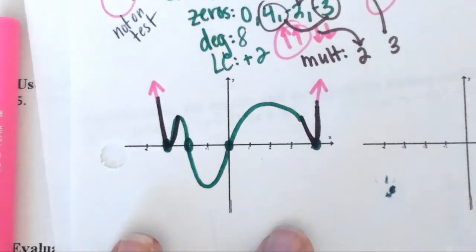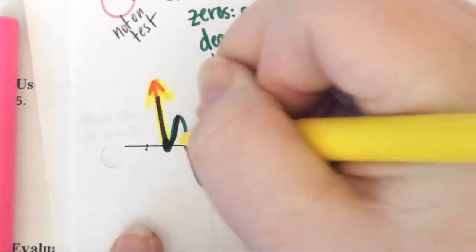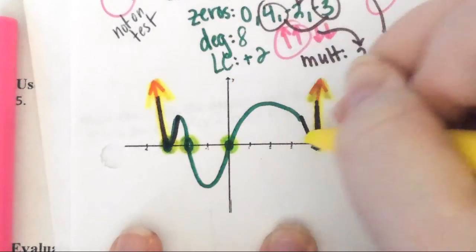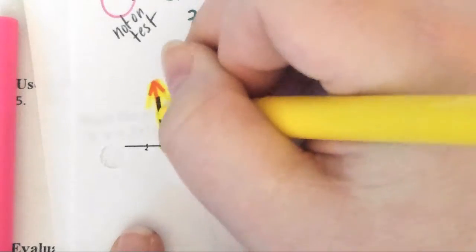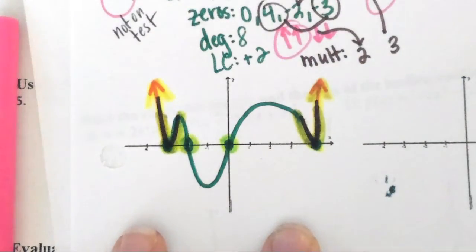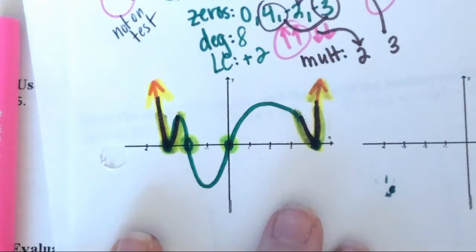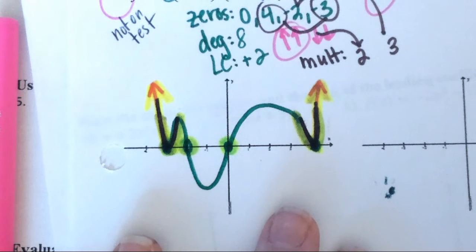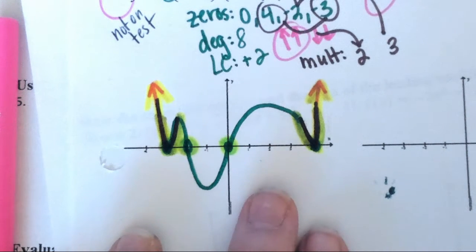Or maybe it looks like something a little different, but regardless, we better have the correct end behavior. We better cross through the correct zeros, and we better have considered that multiplicity. But again, everyone showed well. 95% showed me their checkpoint on Friday, and eventually we were on the same page with this, so we should be okay.